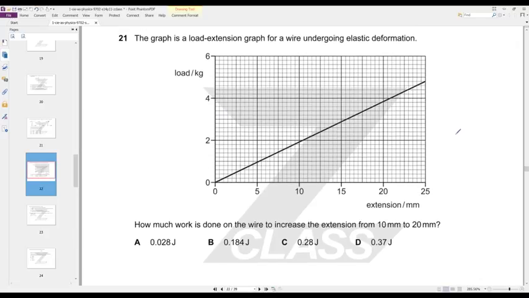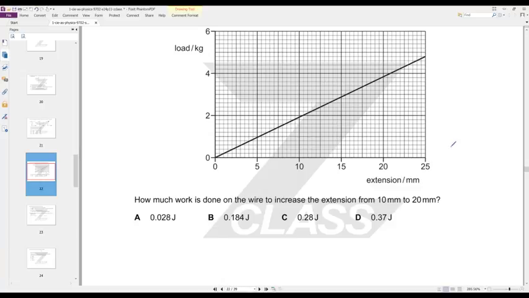We have load extension, which is just stress strain, but with units. That is exactly the same thing, right? Load in kilograms is actually just force if you convert that to newtons using gravity, and extension is, so strain would be extension divided by the total length, or as a percentage of the total length.